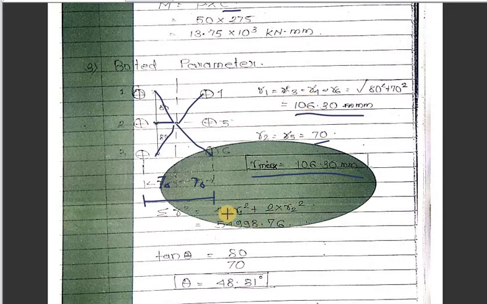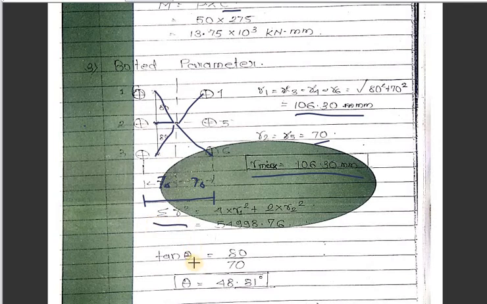So 4 into 106.30 square, and 2 into 70 square. It comes to be 54998.76 mm square. Why square? Because it is the summation of R square. We'll see where this R square will be used.